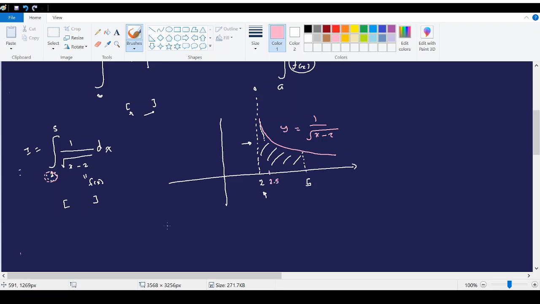Let's consider 2.5. Then we can easily compute the area without any trouble, right? Because you don't have any sort of vertical asymptote problem at 2.5, hence you can just directly calculate the area of this function. Okay, and how about 2.4? It's the same. Right, you can still calculate the area with the knowledge we have.